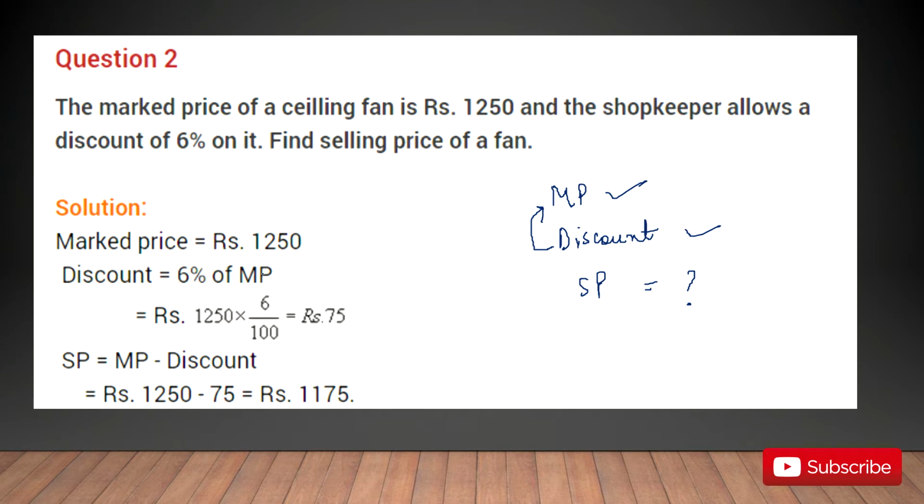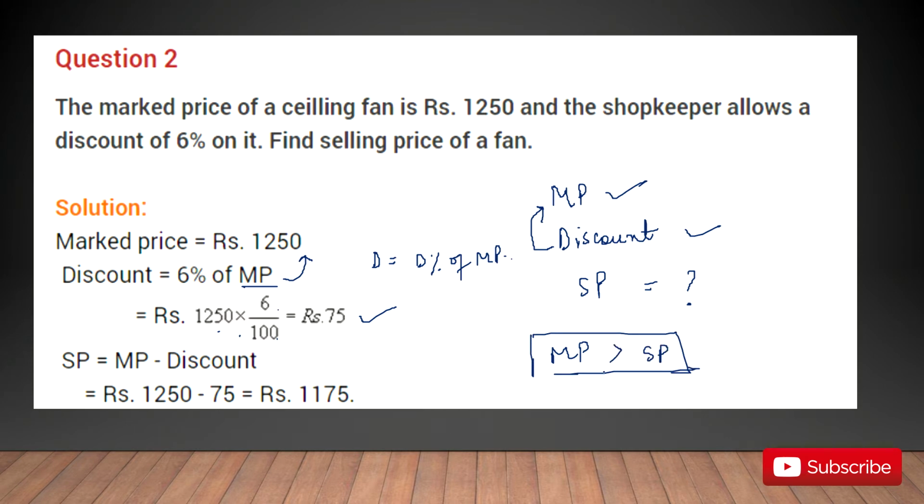So always remember that discount is calculated on the marked price. In order to calculate discount, the formula for discount is D% of MP. MP means the marked price. So for marked price, we are putting the value as 1250. 1250 into 6 upon 100, we get rupees 75. Obviously, if we are getting a discount, that means the marked price is greater, right?